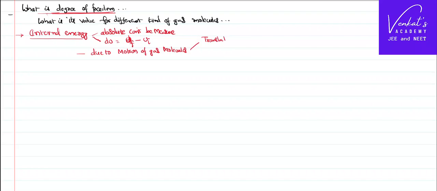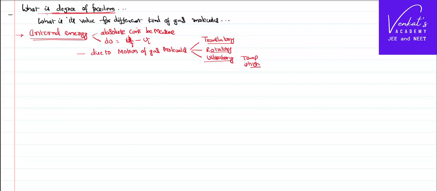It could be translatory motion, rotatory motion, or vibratory motion. But vibratory motion is significant only when the temperature is high, say more than 1000 Kelvin, otherwise we can ignore that. All these motions of the gas molecules contribute to the internal energy.